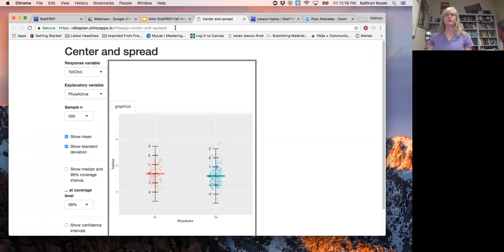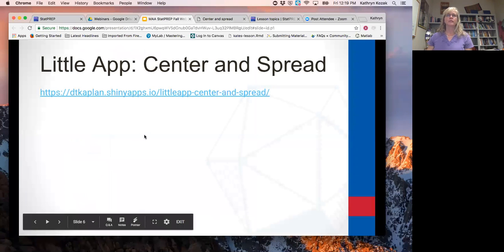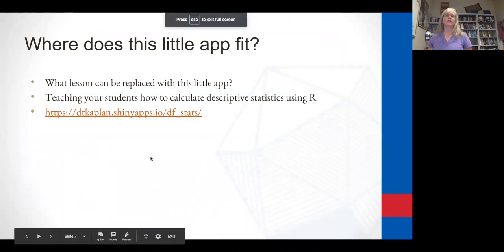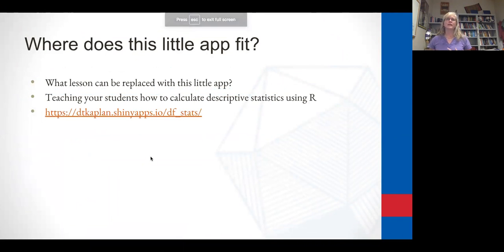Now, if you do want your students to be actually able to calculate these things, we do have the technology for doing that. So again, first I'd like to talk about where it fits in. I've been talking about that all along, is that I would actually not spend time having my students calculate standard deviation and mean.